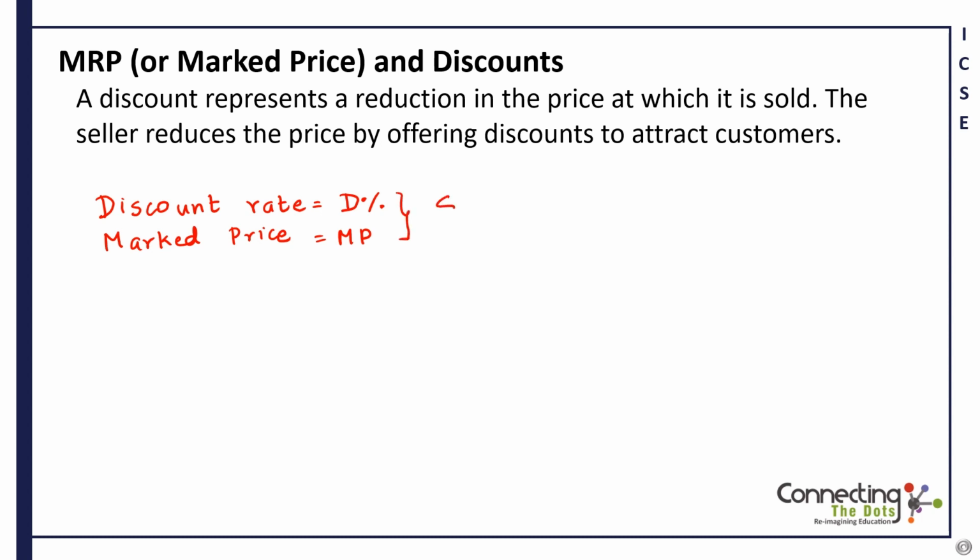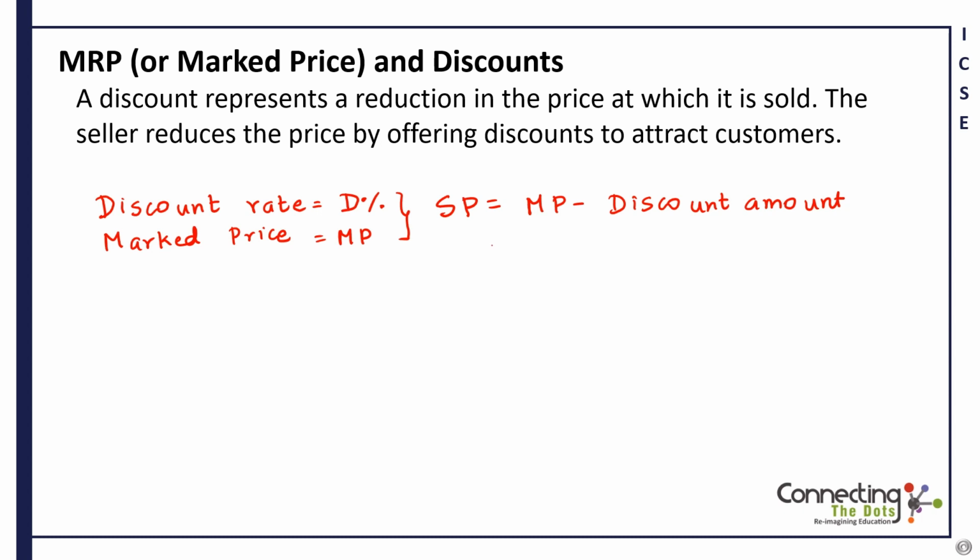And we have done this. You have solved such questions even in an earlier grade. The selling price is the marked price minus the discount amount. You have to reduce the discount amount from the marked price to get the selling price.